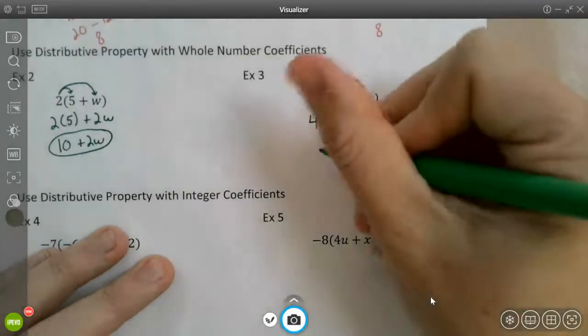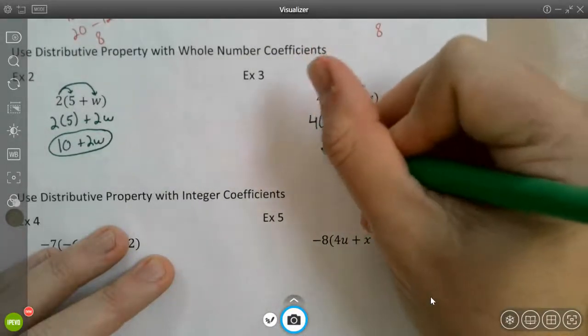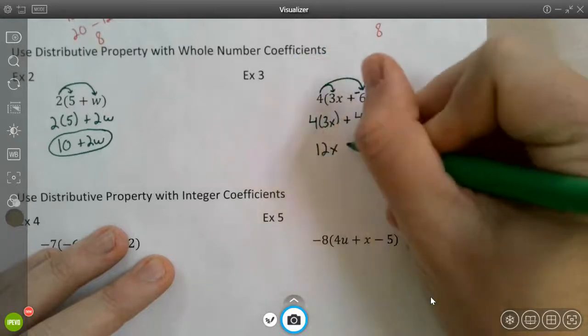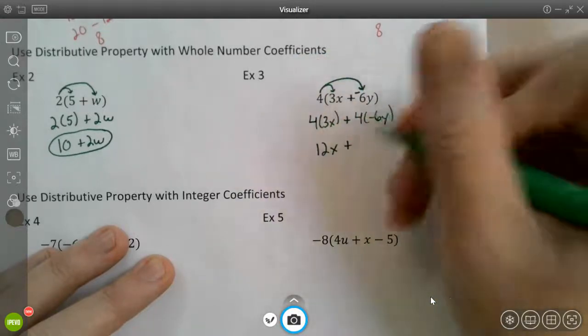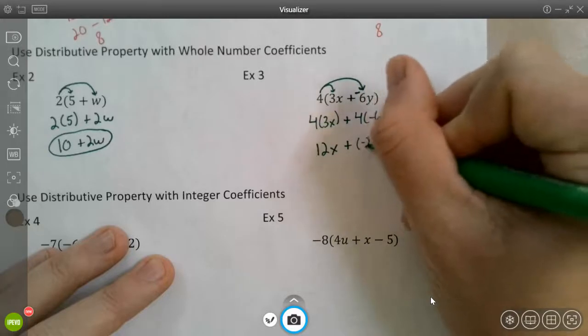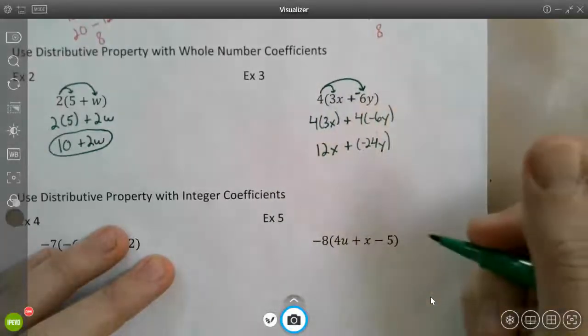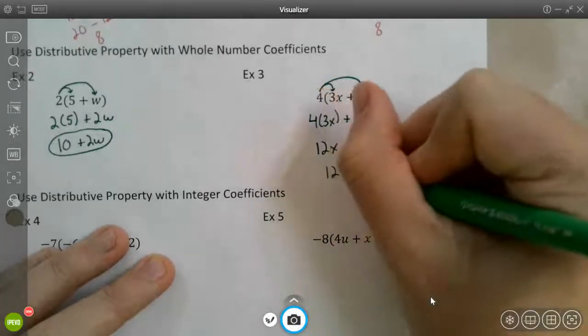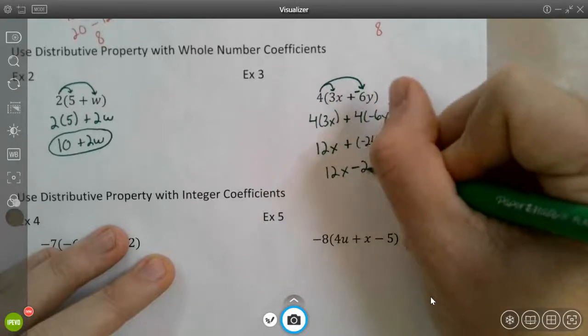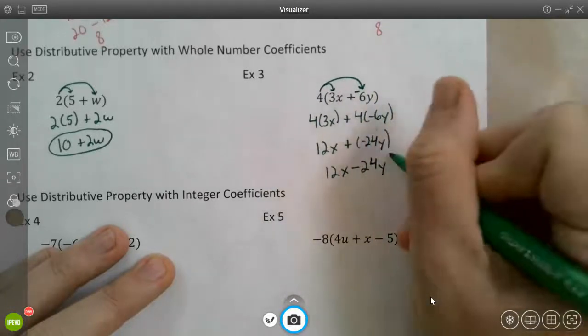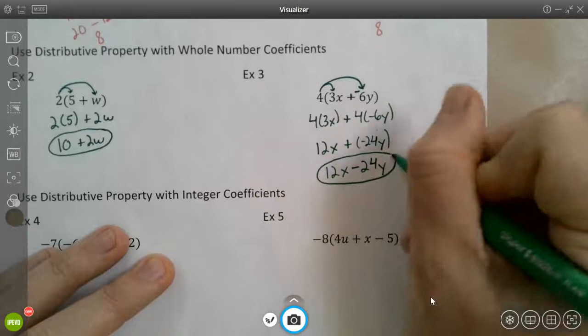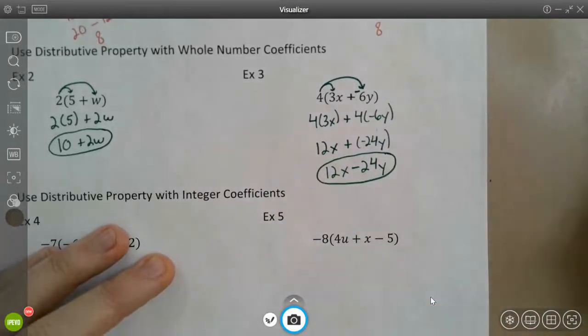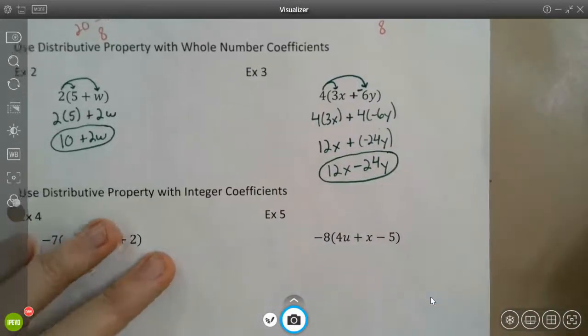The 4 goes to both, so 4 times 3x is going to be 12x, and 4 times a negative 6 is going to be negative 24y. And then I'm going to rewrite that so we don't have plus and negative. It's the same thing as just making it minus 24y. And circle.